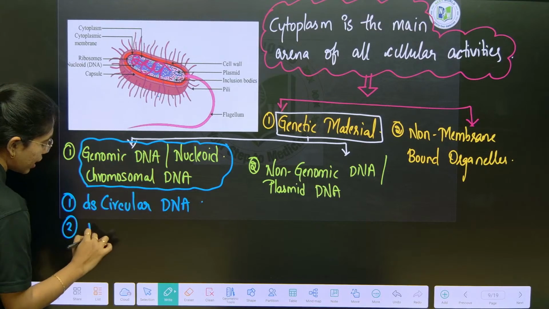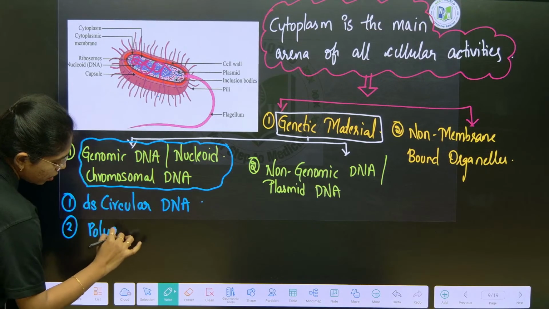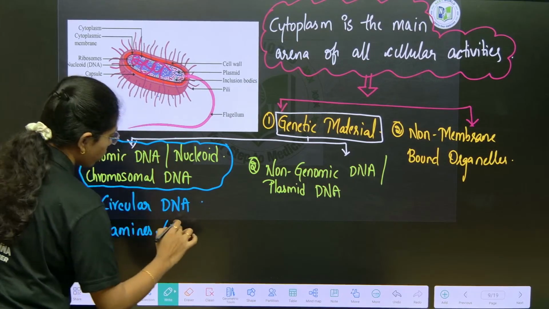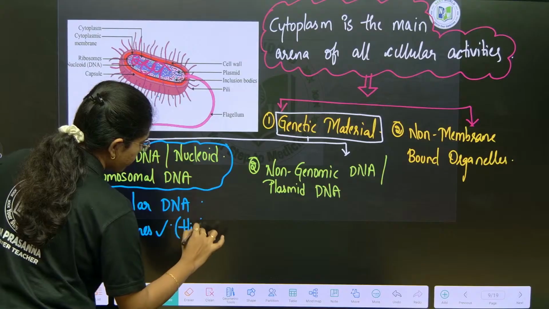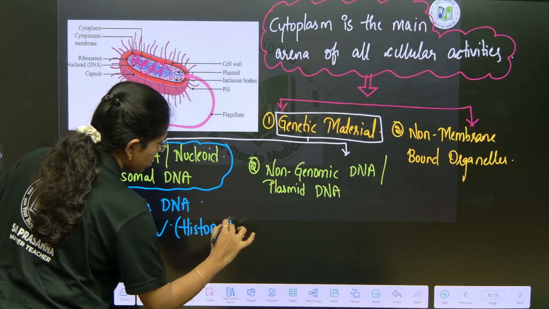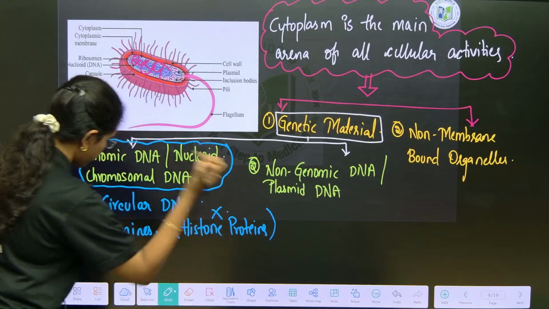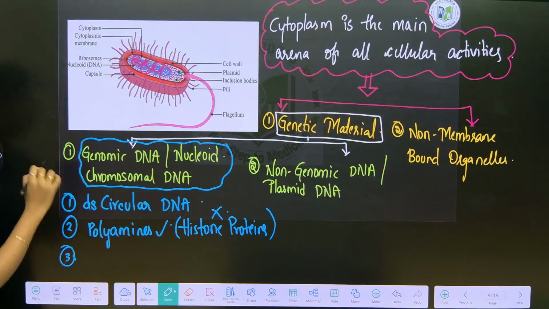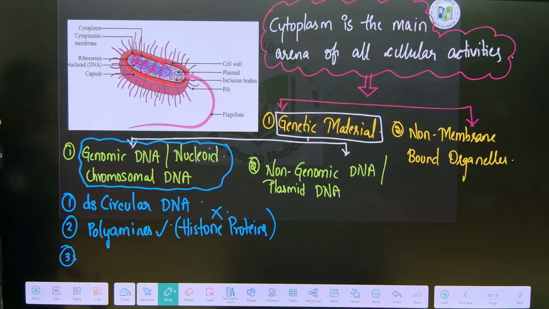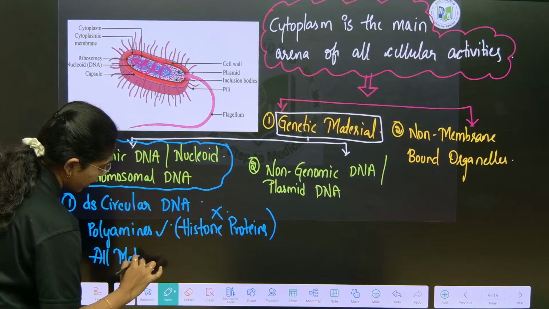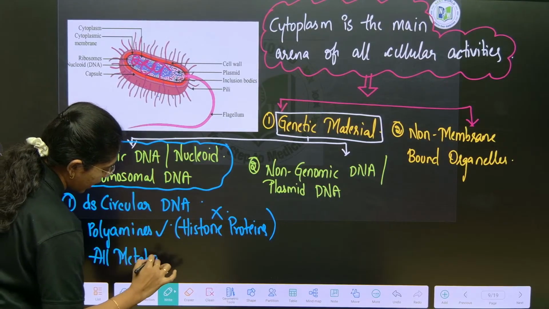Yes, polyamines are present, but histone proteins are absent. Next, it takes care of all the metabolic activities of a cell.